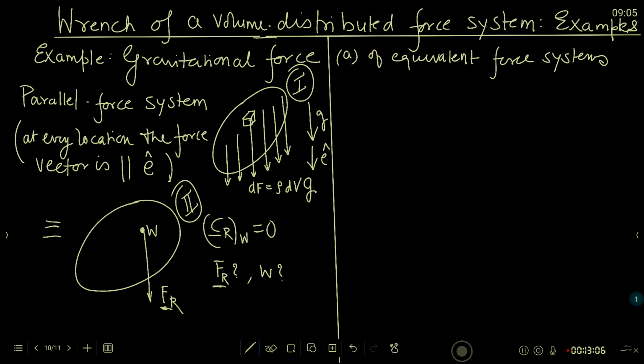So what is the net force in the first force system? That net force is dF, which is a scalar, times E, integrated over the whole RB, and on the right hand side I have the vector Fr.